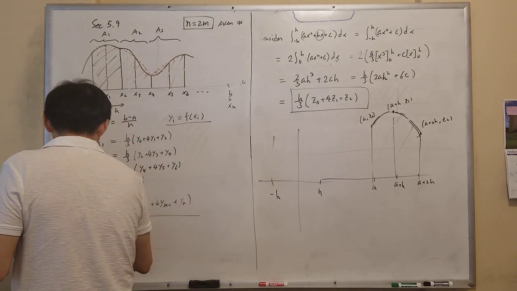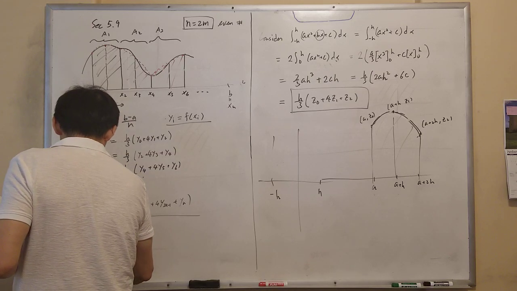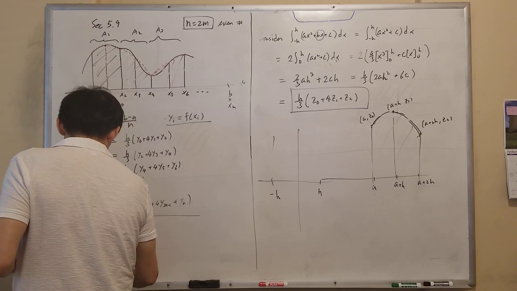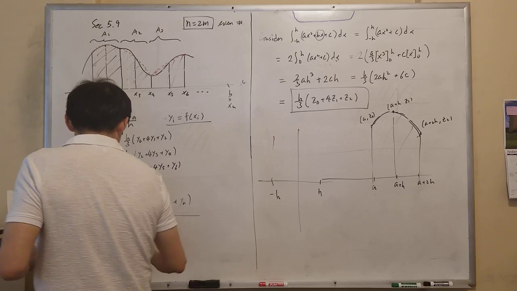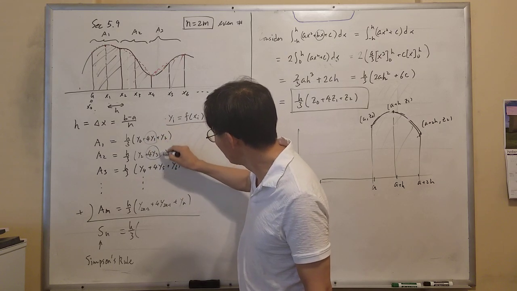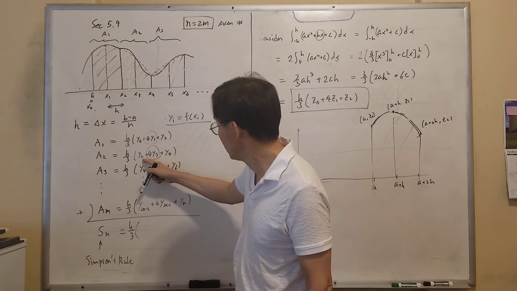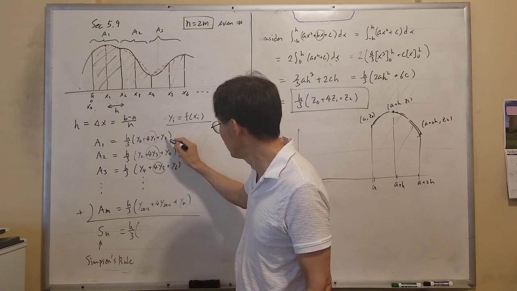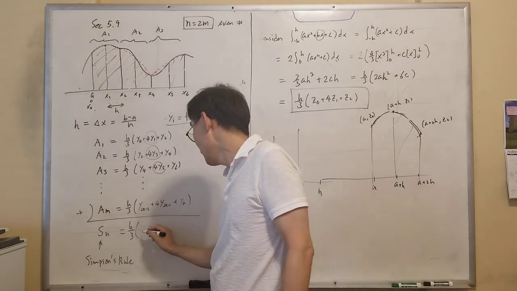Then the area, we call it Sn, S for Simpson's rule. It is h over 3, and all the odd terms will have 4 times, and the even terms will have twice, except for the very first and the very last.